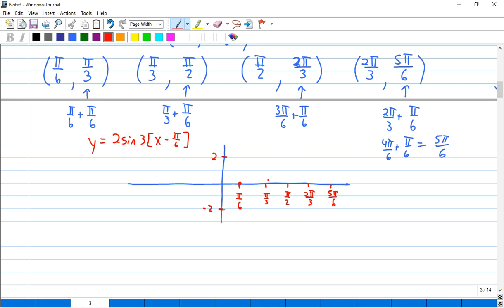And then at the next significant point, we have a high point. At the next significant point, we cross. At the next significant point, we have a low point. And at the last significant point, we cross. And we know that it has a shape similar to that. Hills and valleys.